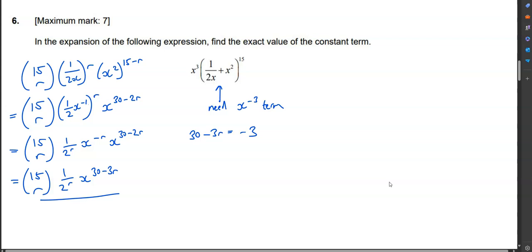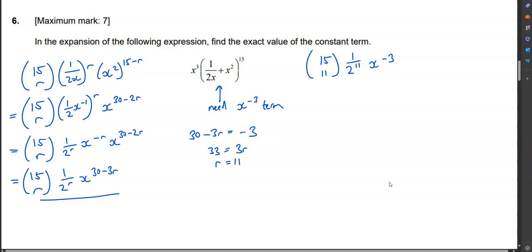So we want that x to the minus 3 term. So we have 3r equals 33, r equals 11. And now we can substitute that in. So we've got 15 choose 11, 1 over 2 to the power of 11, and then x to the power of negative 3, which that's exactly how we set this up.